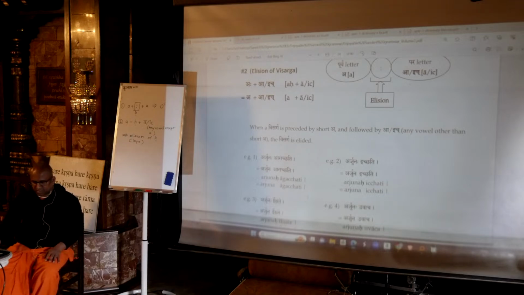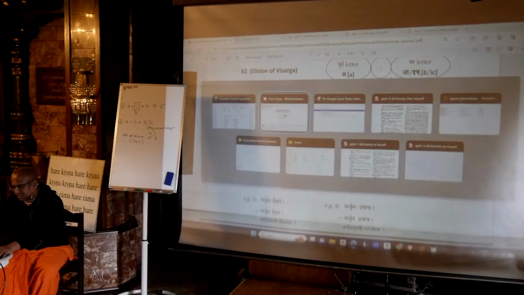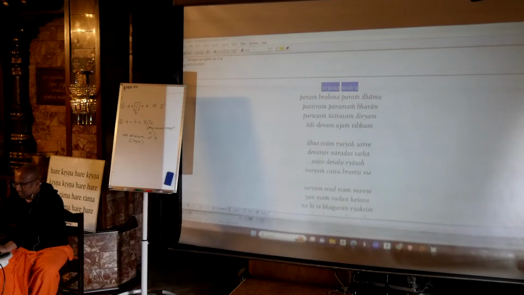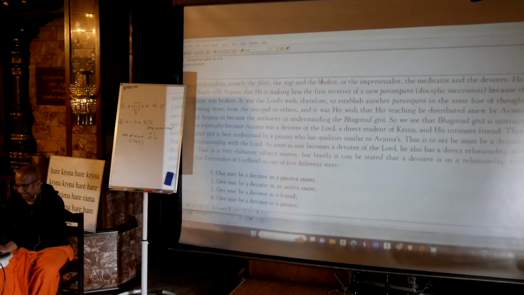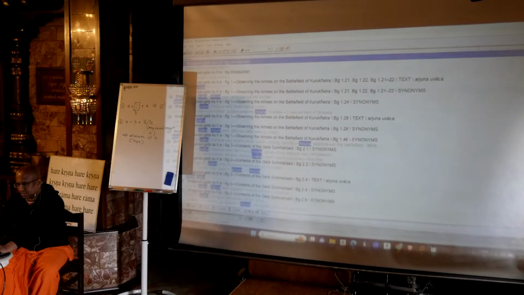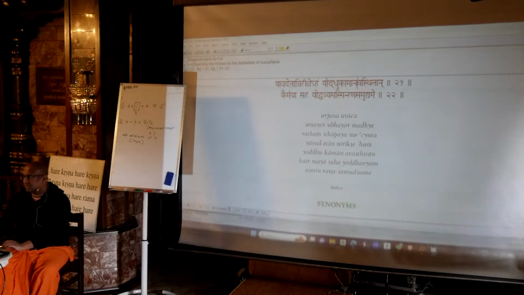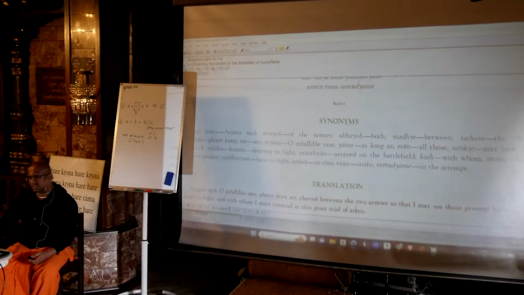So that's how in Shastras you will always see something like uvacha. See. This is Bhagavad Gita. So, what do you see, Mataji, here? Arjuna uvacha, right? But it is actually what? It is Arjunaha uvacha. So, if you go to synonyms, it will show you Arjunaha. But what has happened?